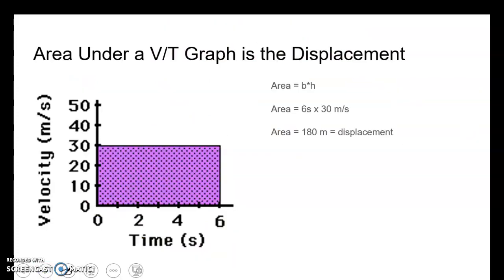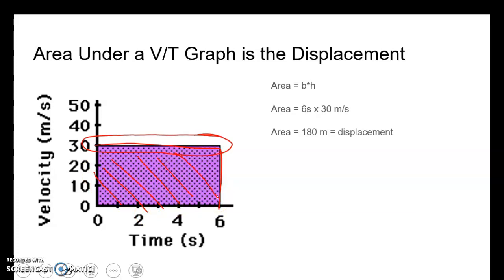Now, we can also use velocity time graphs to find displacement. And though we're not going to get into calculus, we do have to understand that if this is our line, we're not accelerating, but we are going at a constant velocity of 30 meters per second for 6 seconds. And we want to find how far our displacement is. Now, obviously, we could do math. The other thing we can do is find our line, draw a rectangle, and find this area underneath the curve.